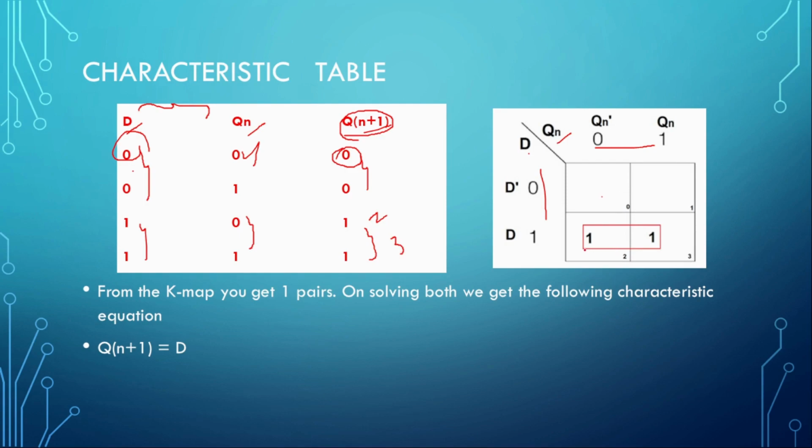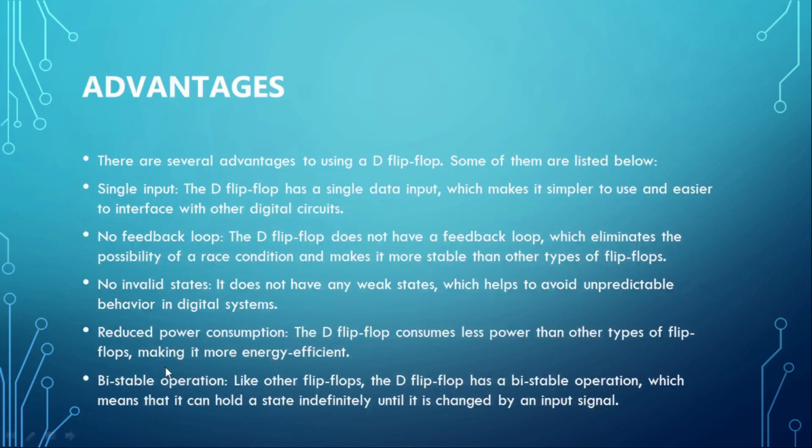Afterwards, do the grouping. Only one grouping is formed in this K map, that is D. Finally, Qn plus 1 is equal to D. This is the logical expression or characteristic equation of the D flip-flop.